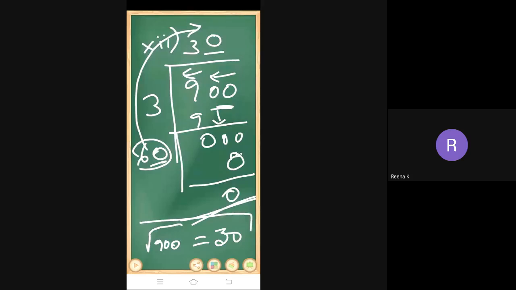If I multiply by 3, I will get 6, but I need the answer 0. When will I get 0? If I write 0 here and 0 here. Now this number becomes 60, and 60 times 0 is 0. So this is somewhat different. That's why I did this problem. Any doubt in this?